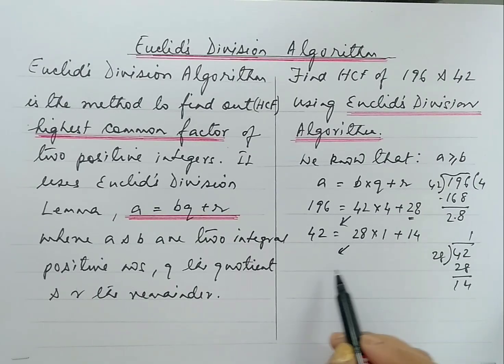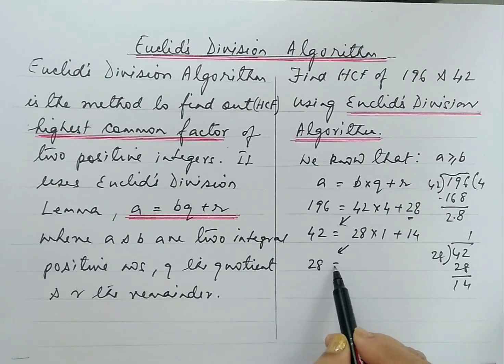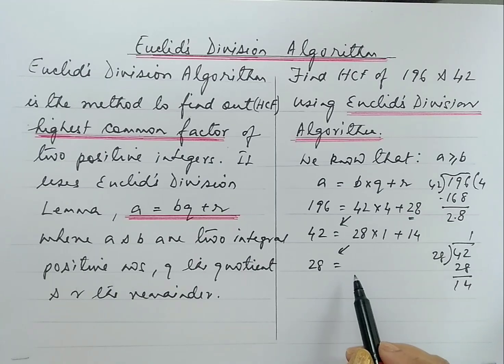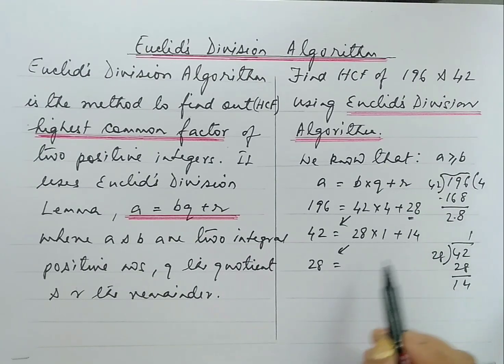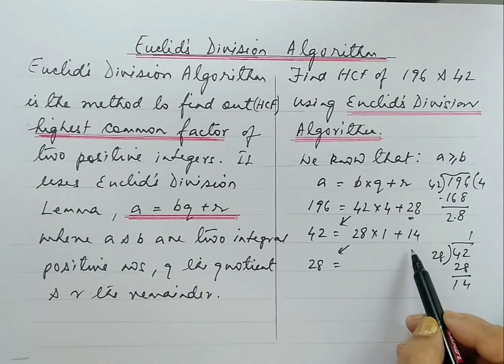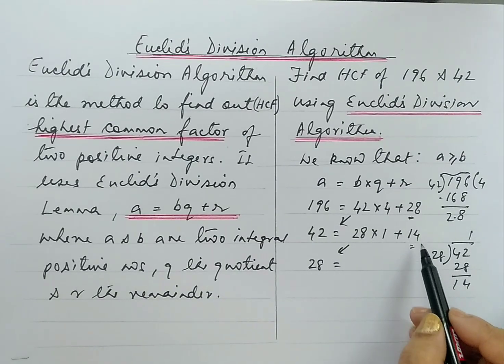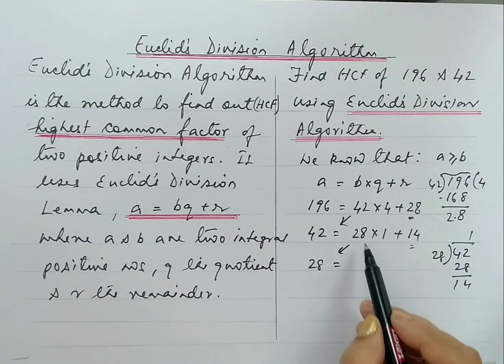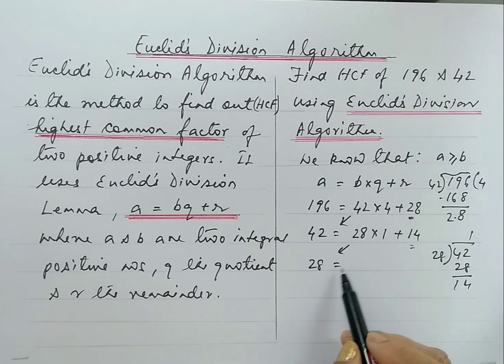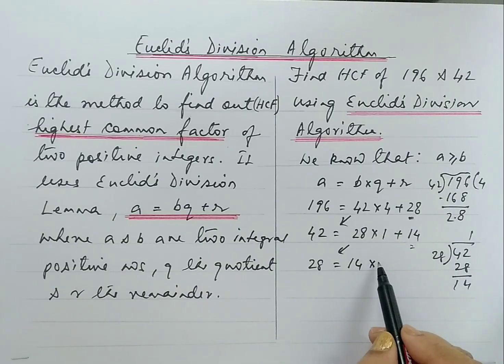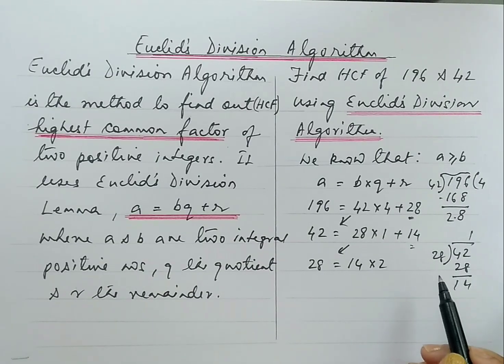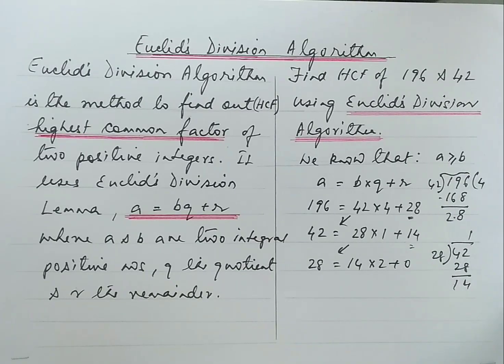Next step, bring 28 here. Now this remainder 14 is going to divide 28. I'm trying to underline it so that you know what we have to write here. Obviously 14 will completely divide 28, 2 times, and we get a 0 over here.